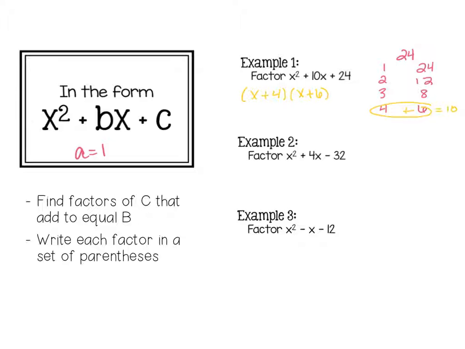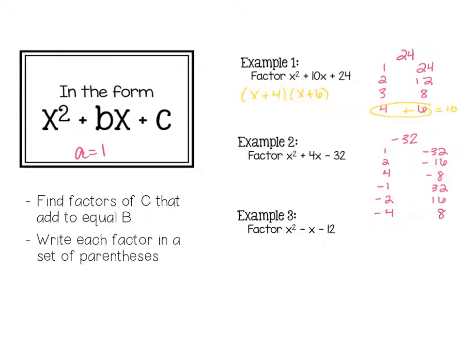In example 2, I'm looking at negative 32. So I need numbers that are going to multiply to give me negative 32. So that would be 1 and negative 32, 2 and negative 16, 4 and negative 8, or I could reverse it and do negative 1 positive 32, negative 2 positive 16, negative 4 positive 8.